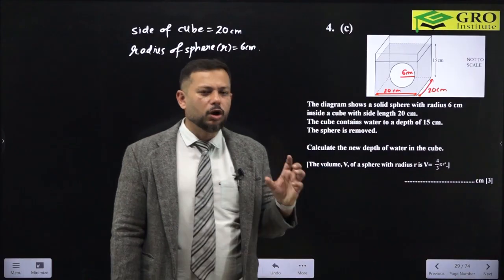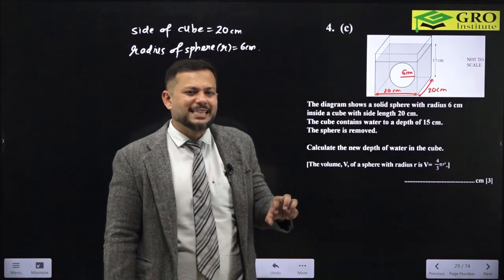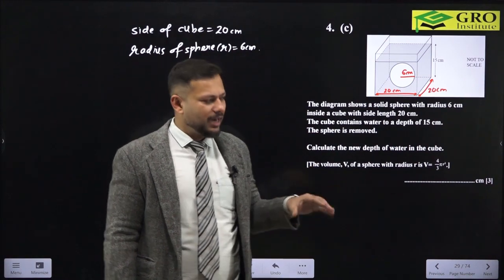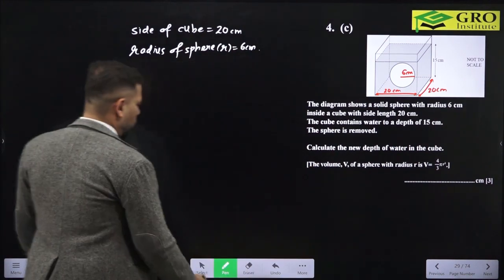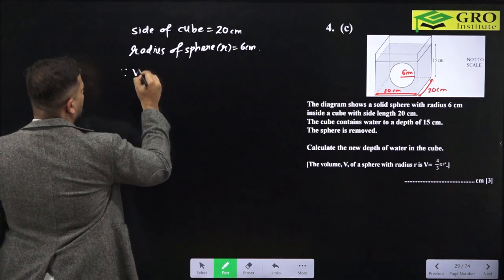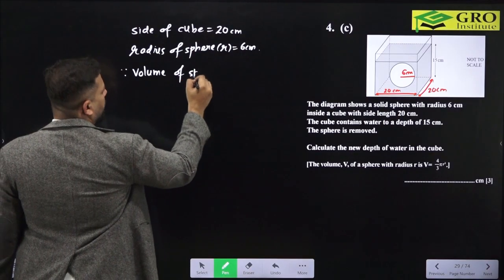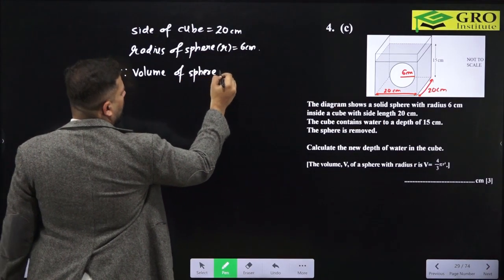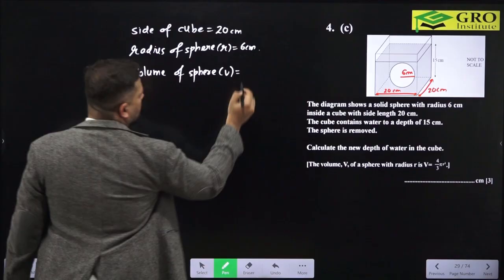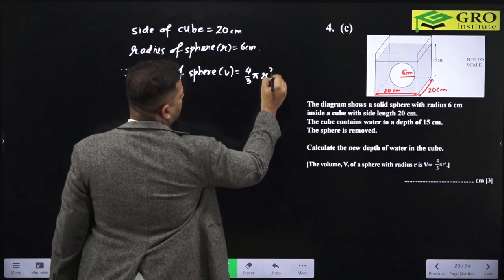Let us find out the volume of the sphere first of all, because we know that the volume of sphere will be taken out of that cube. That will definitely help us. So what is the volume of sphere? Since volume of a sphere, capital V is equals to 4 by 3 pi r cube.